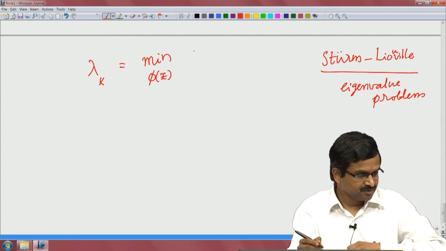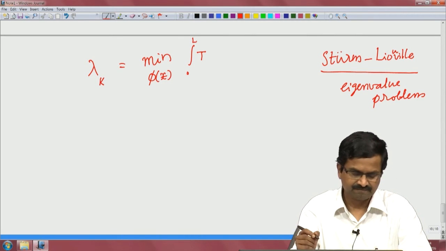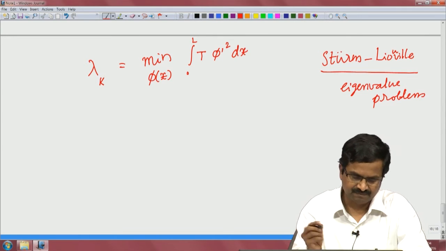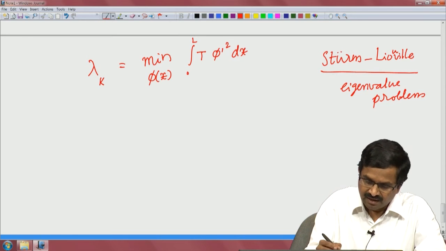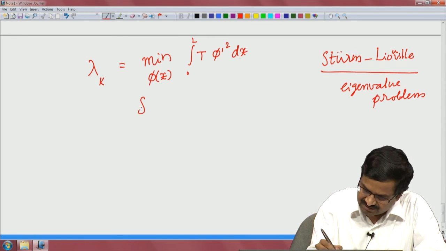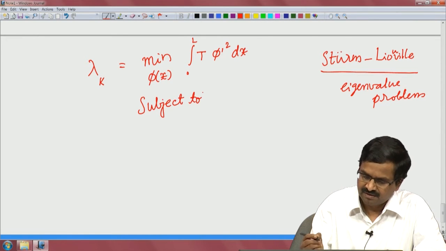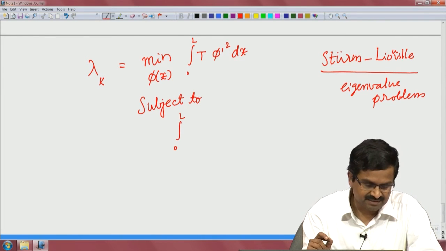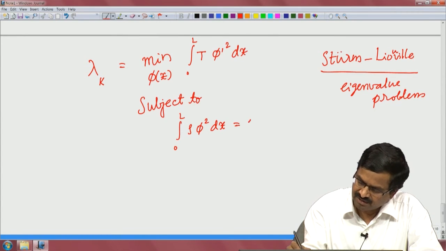What do you minimize? In this particular case, I will write the integral from 0 to L of T phi prime squared dx. That is the quantity that we will minimize, subject to some conditions. Actually, this is not just an unconstrained problem. The conditions are, first, the normalization condition, that is, the integral of rho phi squared dx is equal to 1.